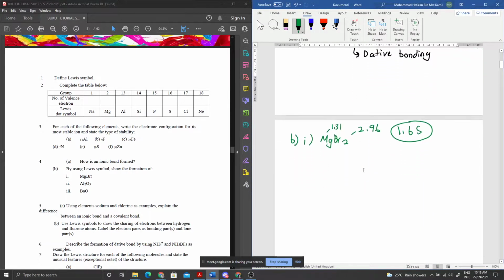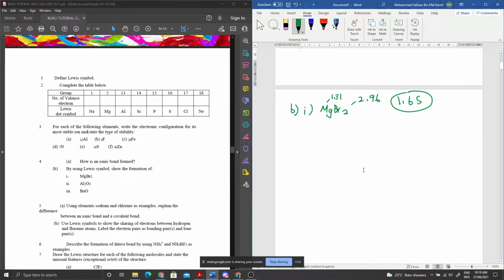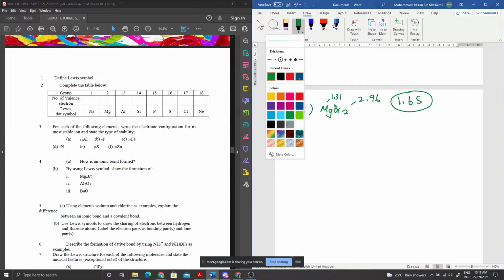So, let's do magnesium bromide. The way to do the formation is you have to draw the valence electrons.